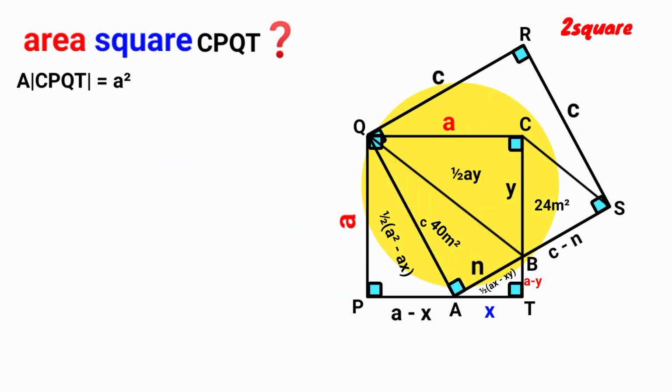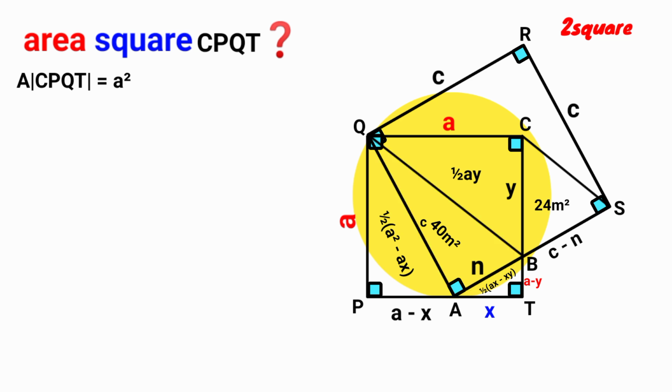Now if you noticed, it is this square CPQT which is divided into these four triangles. This triangle APQ, this triangle ABT, this BCQ, and this ABQ. And we have the areas of each of the triangles.